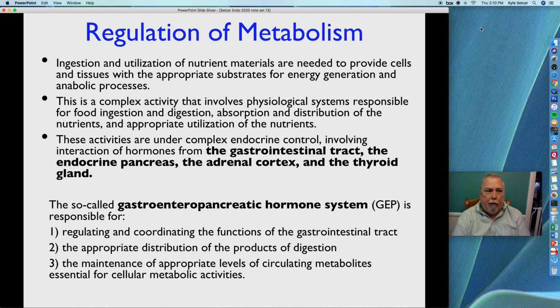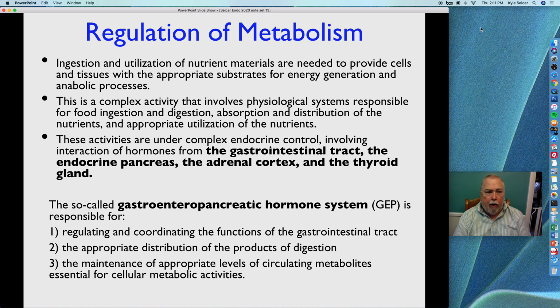So regulation of metabolism, the background for this is that ingestion and utilization of nutrients are needed to provide cells and tissues with everything they need for energy generation and anabolic process of building your body. This is homeostasis. This is endocrine regulation of everything you need, the nutrients that you need to keep the cells happy. It's a complex activity that involves physiological systems responsible for food ingestion, digestion, absorption, distribution, and then utilization of nutrients.